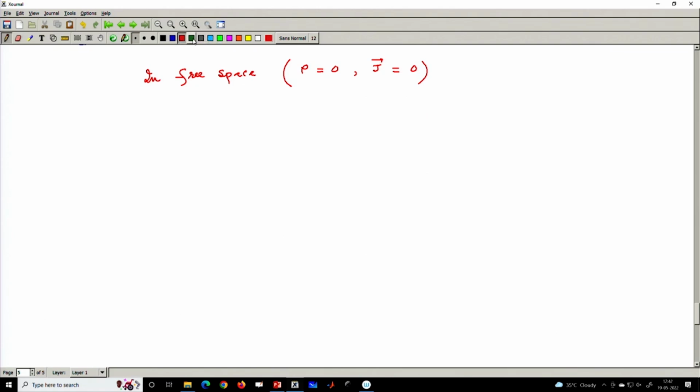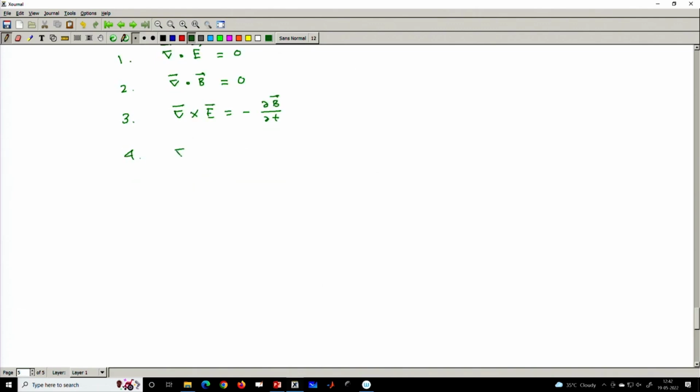Equation 1 is divergence of E is 0, equation 2 divergence of B is 0, equation 3 curl of E is minus del B del t, and finally curl of B is mu 0 epsilon 0 del E del t.